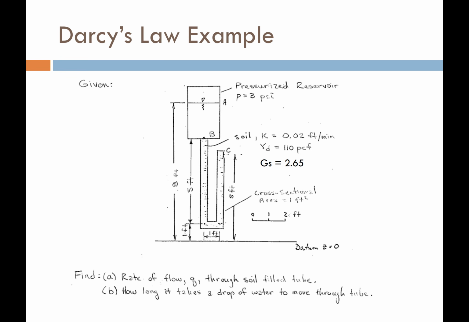Okay, let's work through an example just to show you how this is going to work. What I have here is a pressurized reservoir that's pressurized to 3 pounds per square inch. At the bottom of this reservoir I have a little curvy tube of soil that is 5 feet, and then it turns and has 1 foot, and then it curves back up again, and then is another 4 feet until it exits at point C to atmospheric pressure.